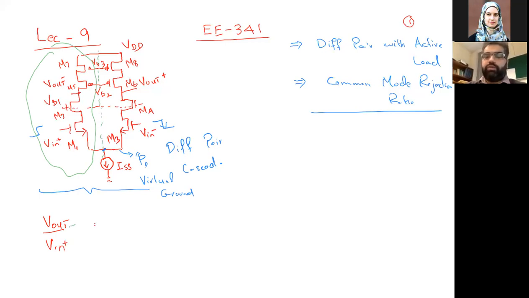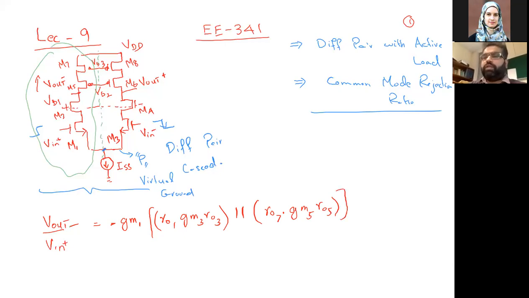That will be equivalent to GM1 times, and it's going to be negative in any case, RO1 times GM3 RO3, in parallel with the cascode of the above one, which is being seen from this point, similarly RO7 times GM5 RO5. Because of the cascode, we saw this behavior.